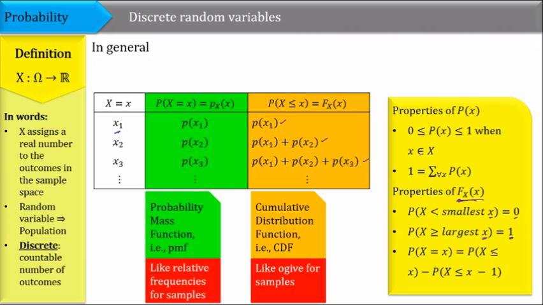And if we want to find the probability of a specific value using our CDF, then we will take the probability of being less than or equal to x, and we'll subtract being less than or equal to x minus 1.